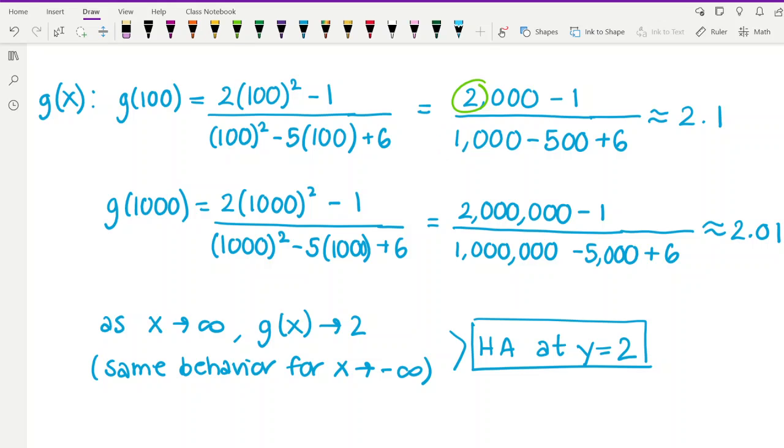And so it turns out that when you have the same degree in the numerator and denominator, it's going to be the leading coefficients from the numerator and denominator divided by each other. And it's just for this reason. It's because the leading coefficients determine what exactly are the 2 numbers you have here and here. And when you divide those 2 numbers, that will tell you what the function is approaching.